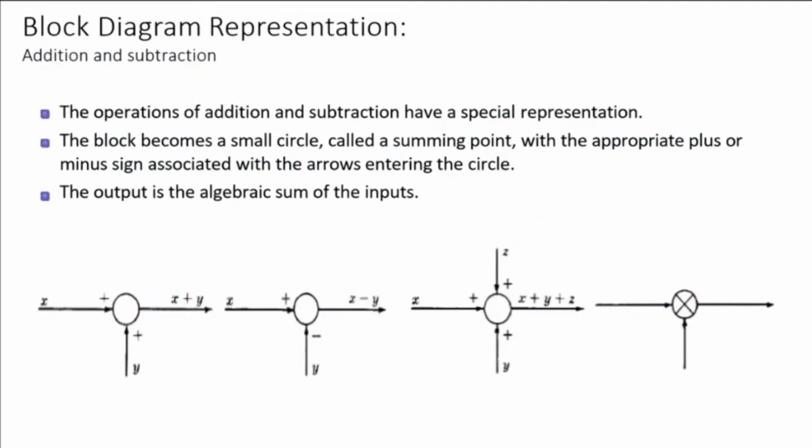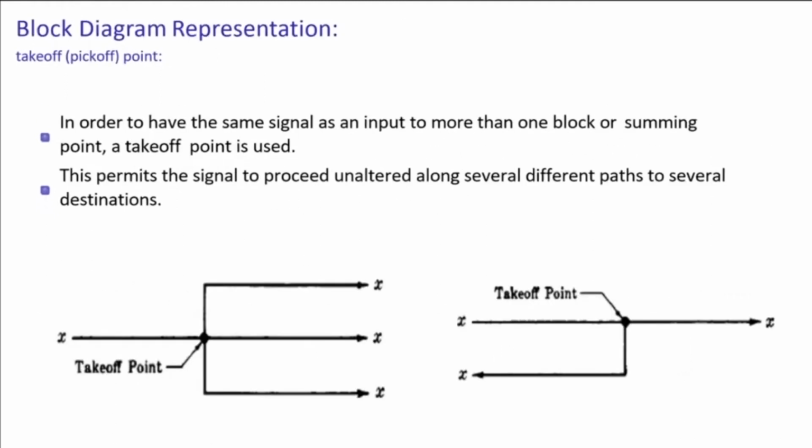Now the closed loop control system consists of a comparator, and a comparator essentially finds the error between the actual position and the desired position, and then gives it forward to the controller. This is called a summing block, and this summing block essentially takes the signal and gives it back to the sensor and back to the controller.